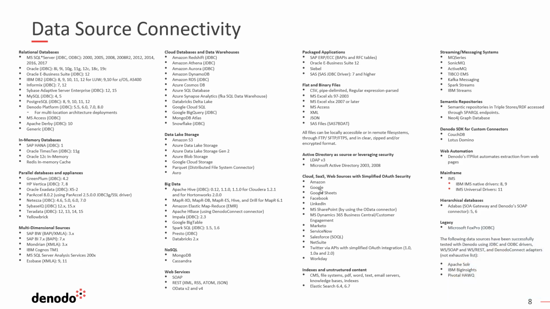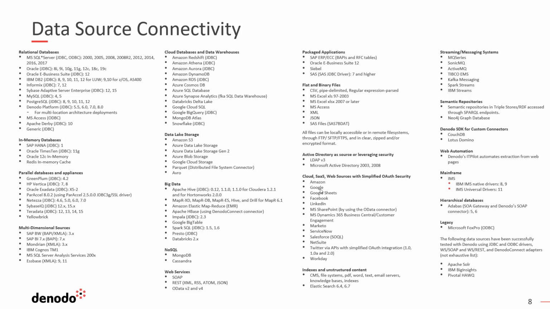So quickly jumping ahead and looking at the data sources that you can connect to using the Denodo data virtualization platform. This is what I call a fairly comprehensive, but not an exhaustive list of underlying data sources that you can connect to from Denodo version 8.